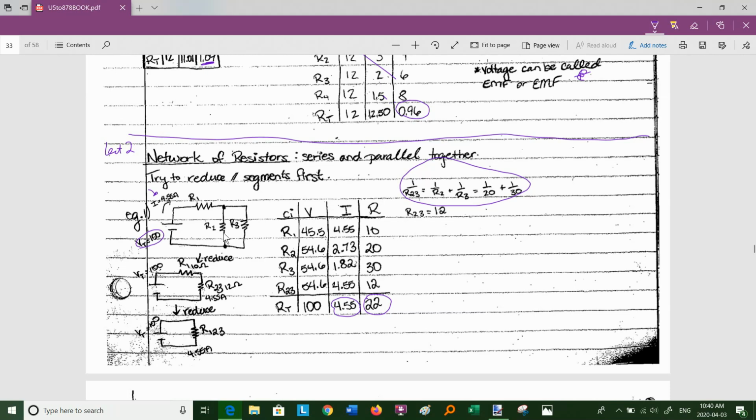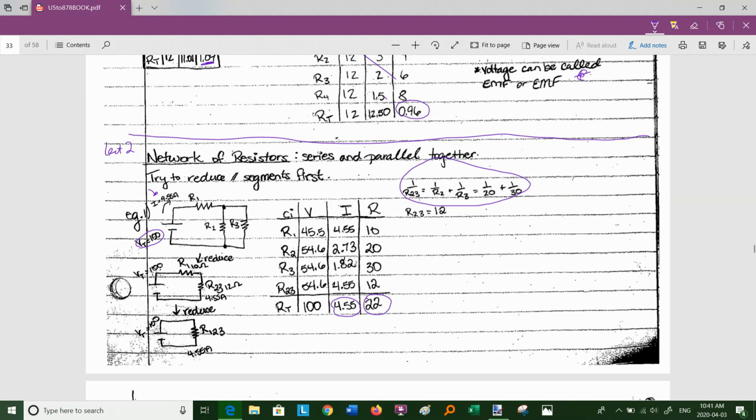Now, what about R2 and R3 individually? Well, R23 was the equivalent resistance of R2 and R3, so the voltage drop across R2 and the voltage drop across R3 will also be the same as the voltage drop across R23. So the voltage drop across R2 is 54.6, the voltage drop across R3 is 54.6, and once we get that, I can get the current, V over R. Notice that if I add the currents together, R2 and R3, I get 4.55.